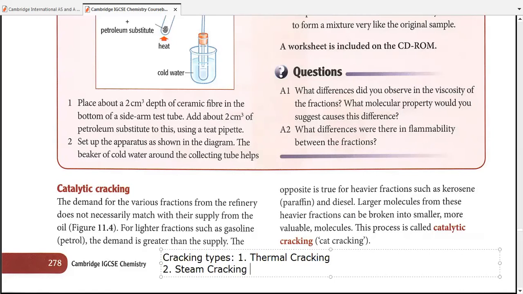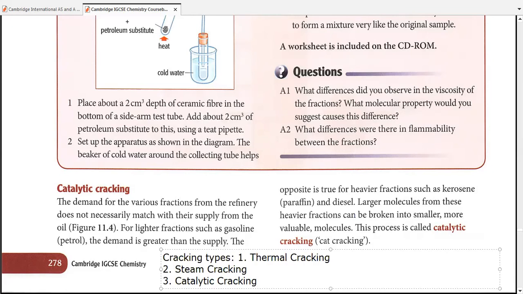We crack the larger molecules and break them down into smaller molecules with the help of steam. The third and the last type would be catalytic cracking. In this cracking process we are going to use some catalysts in order to speed up the processing. Short form, it is known as cat cracking.